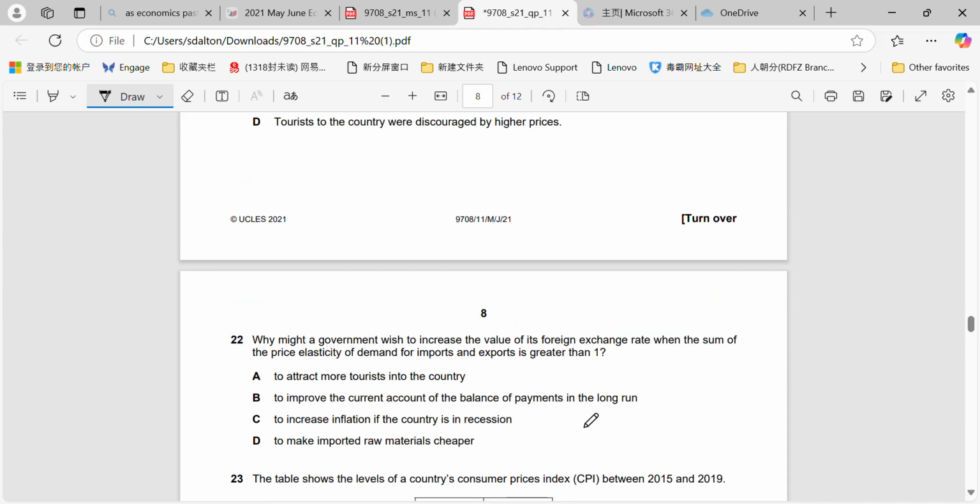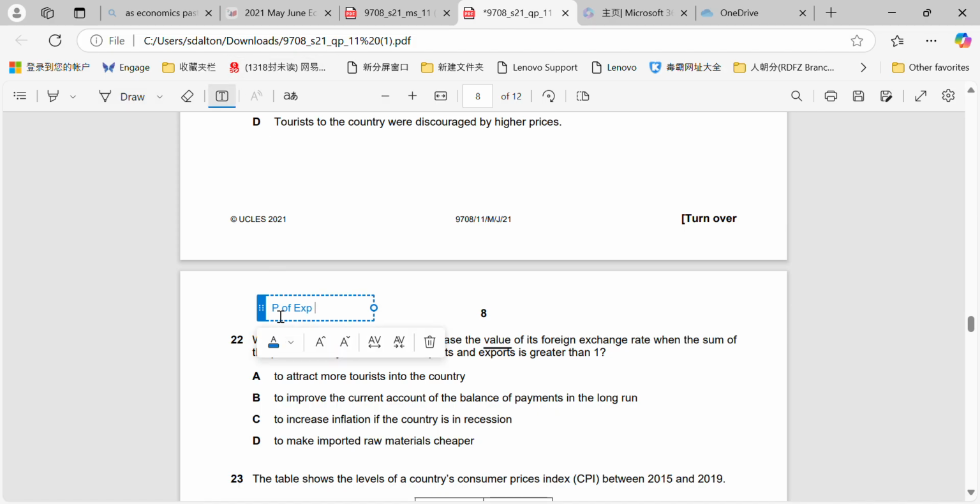Okay, why might a government wish to increase the value of its foreign exchange rate when the sum of the price elasticity of demand for imports and exports is greater than 1? Okay, so very simple. If they want to increase the value, they're appreciating.